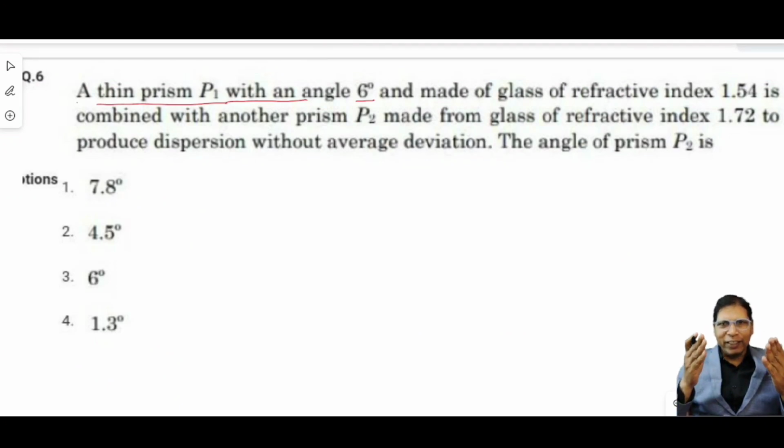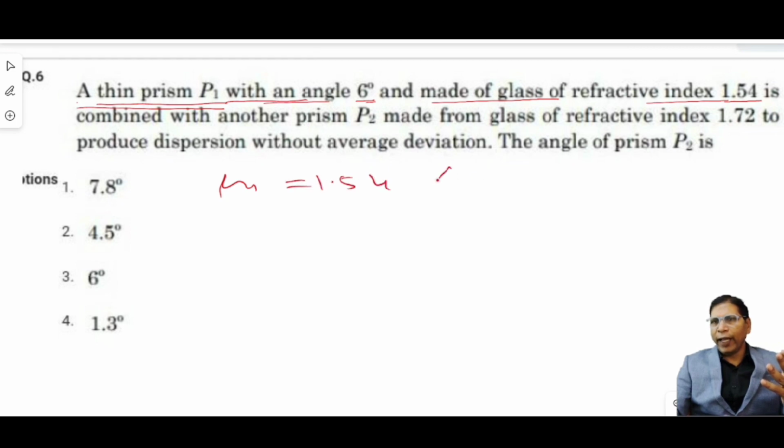It is a very easy type of numerical. Look at this, a thin prism P1 with an angle 6 degree is made of glass of refractive index 1.54. So this is mu1 equal to 1.54 and the angle of the prism is equal to 6 degree.